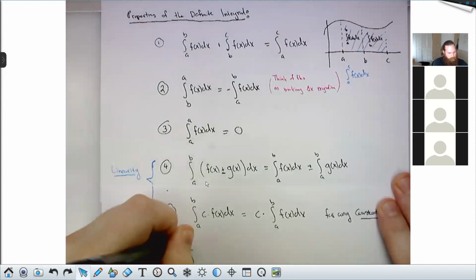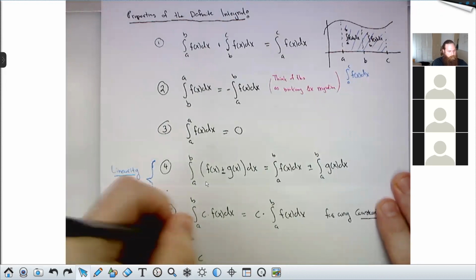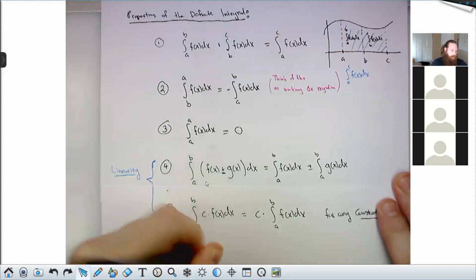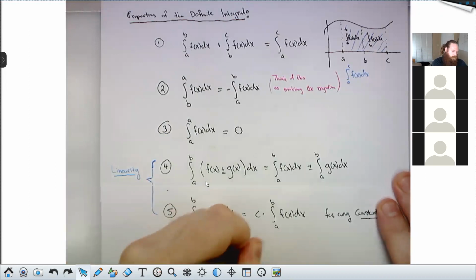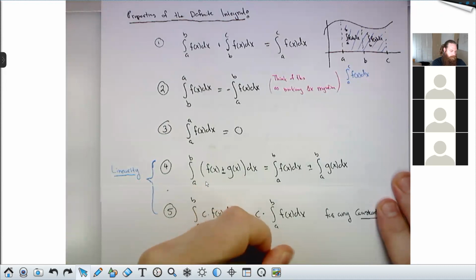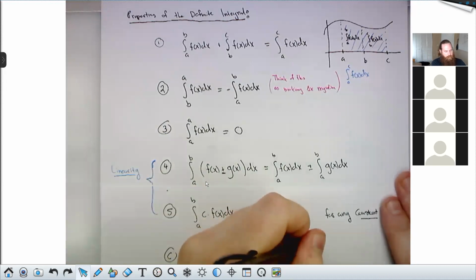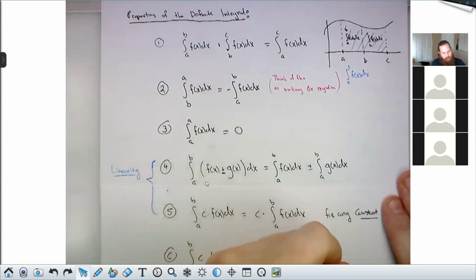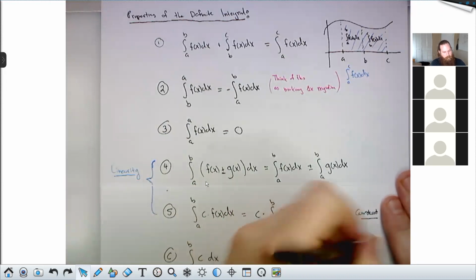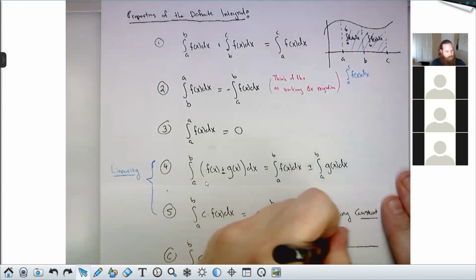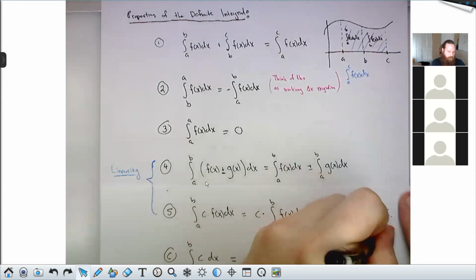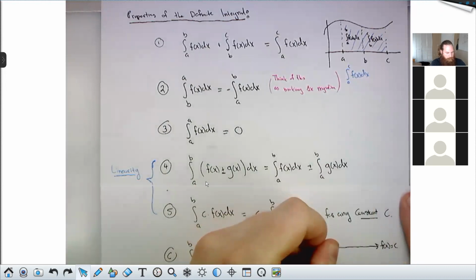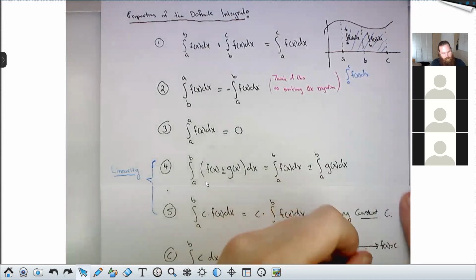The integral from a to b of any constant function is just that constant times b minus a. And there's a picture here, of course. If your function is a constant function, then its graph is a horizontal line. So the area bounded here is a rectangle.